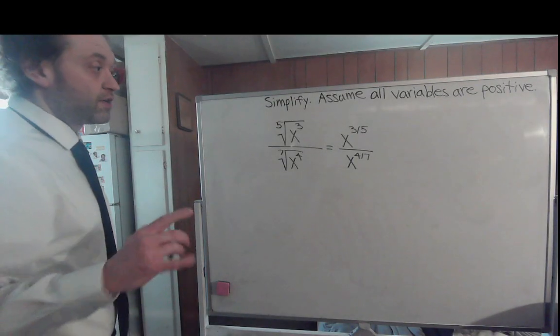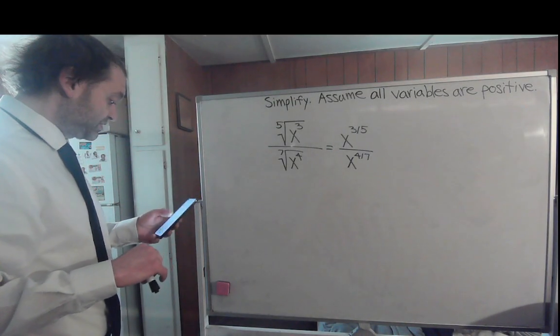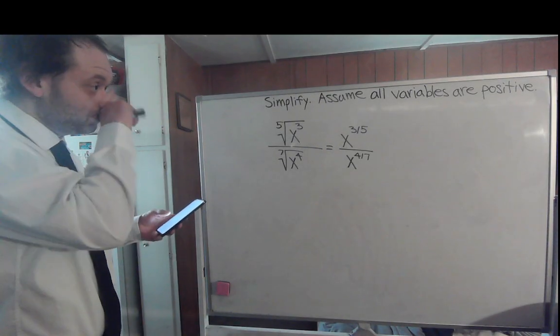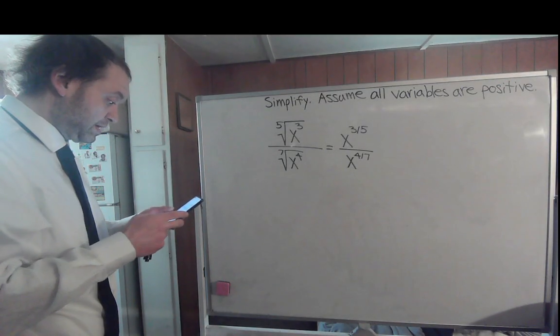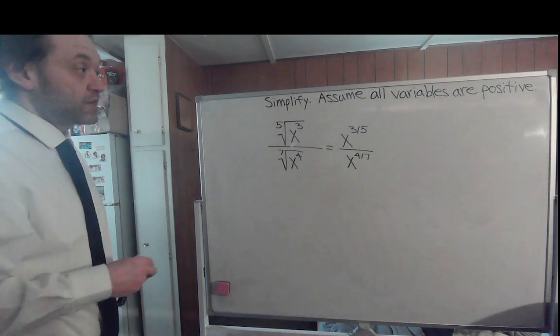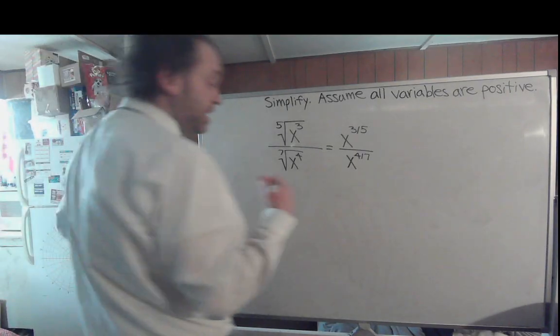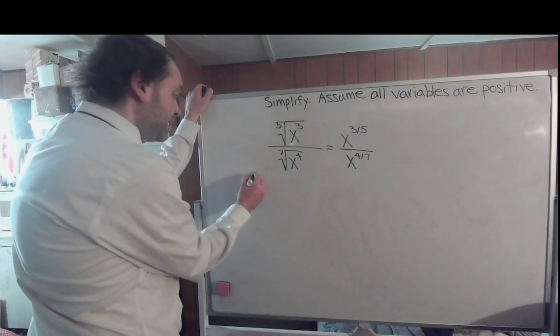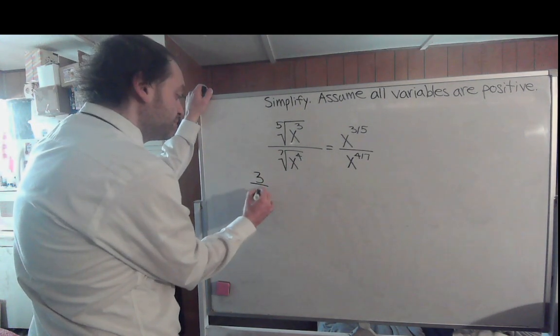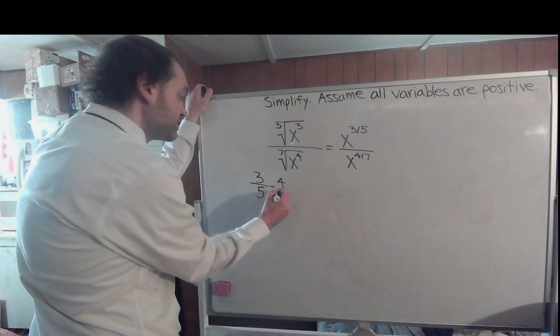Now, we have to figure out which one's greater, 3/5 or 4/7. Because we need to know where to subtract. Actually, 3/5 is greater, so that makes life a lot easier. So now take 3/5 minus your 4/7.